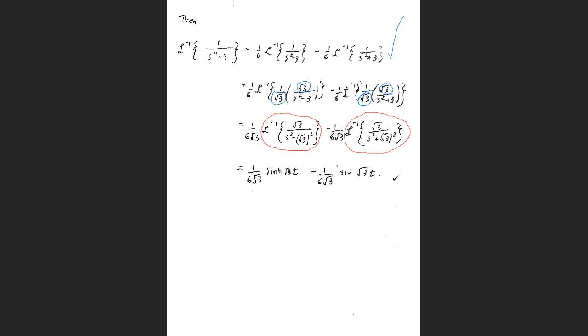We have to rewrite our original problem. That's all you're doing. It's just a rewriting, and then we end up getting the final answer. Now we take the inverse Laplace transforms, and one of them is going to be the hyperbolic sine of root 3 times t. The other is going to be just the sine of root 3 times t.